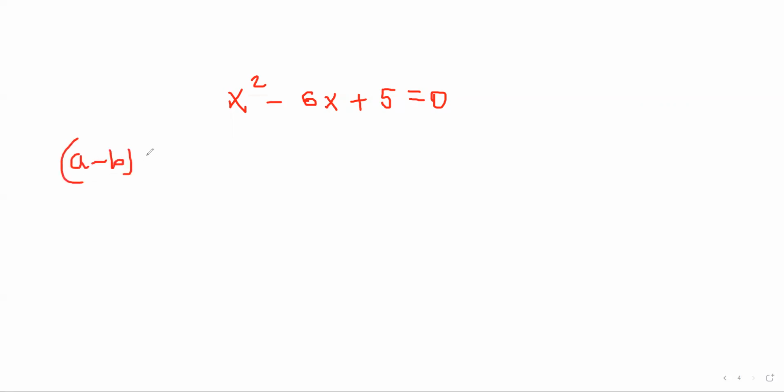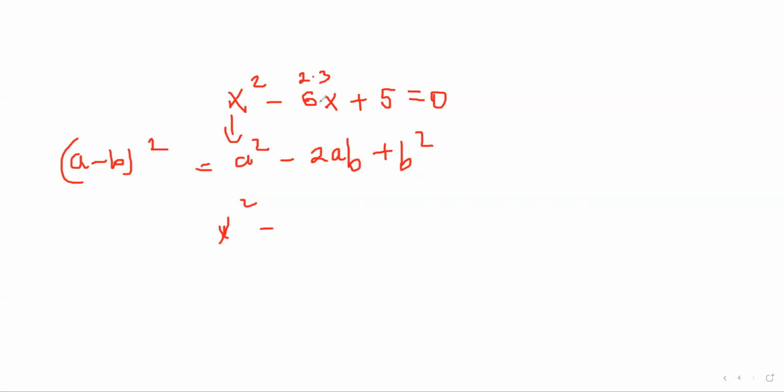(a minus b) squared is equal to a squared minus 2ab plus b squared. So let's define what is a, what is b here. Again, x is a, so x squared minus, you can see 6, we can write 2 by 3.